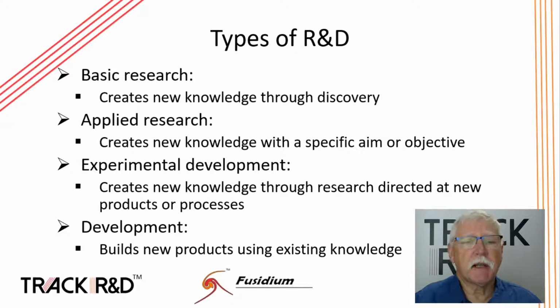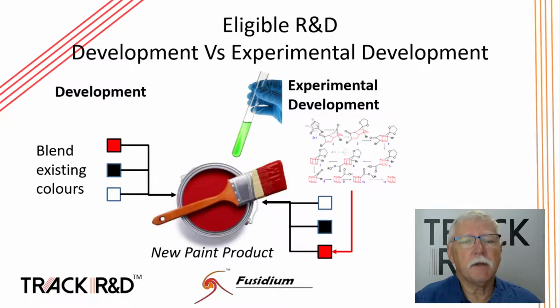Let me try and explain the difference between experimental development and development. Here I use an example of a paint company. On the left, we see a process of product development. The marketing department comes to the R&D department and says they have discovered a demand for heritage colours for the painting of houses.